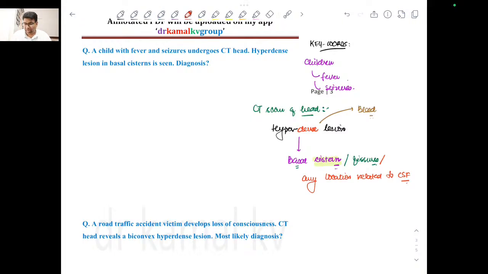And what is the location of CSF? CSF is present in subarachnoid space. We know that CSF is present in subarachnoid space. So if there is bleeding in subarachnoid space, the condition will be known as subarachnoid hemorrhage.